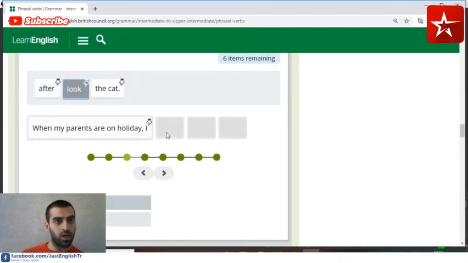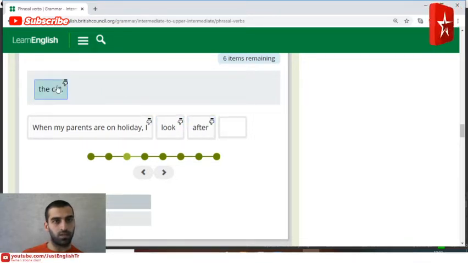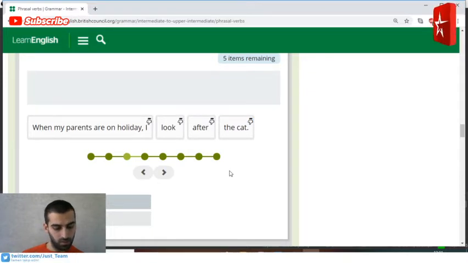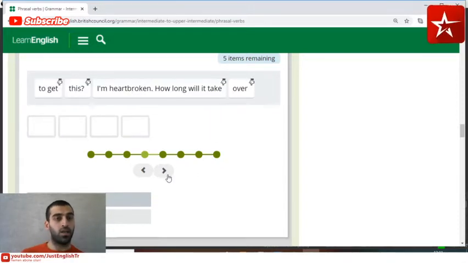I look after the cat. Yes, that's the correct answer. Great. Super. Let me check your comments. Azme says my parents are on holiday. Yes, Azme, thank you. Thanks so much for your fantastic answer. Aisha says look after. Yes, Merve, when my parents are on holiday, I look after the cat. That's the correct answer. Thank you, Merve. Great. That's the correct answer that you wrote.